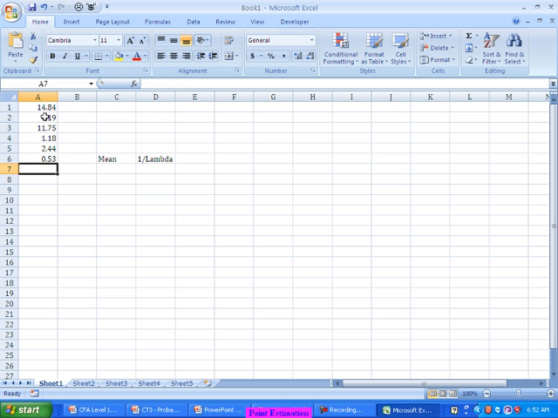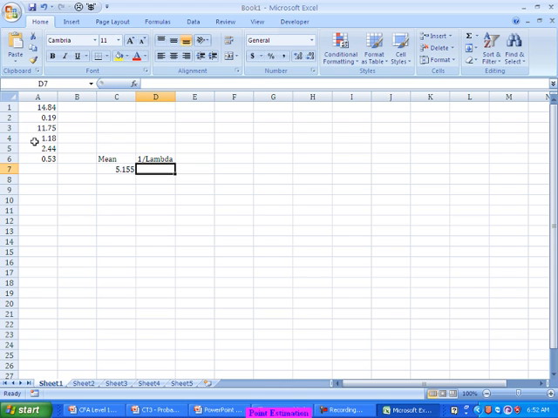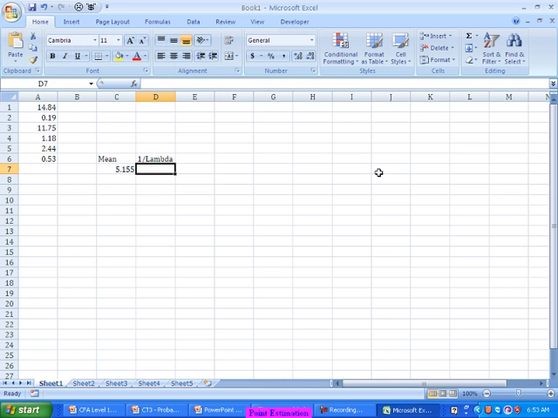I can find the mean of this data, which is the average of this, equal to 5.155. So 1 by lambda equals 5.155. Based on this, I can get lambda, which is 1 by 5.155, that is 0.1939.